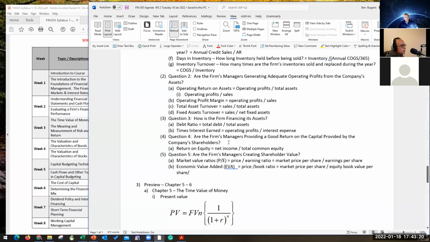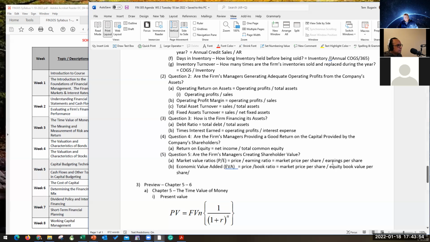Question number 4, are the firm's managers providing a good return on capital provided by the company's shareholders? And the formula for that is return on equity, net income divided by total common equity. The last question, question number 5, are the firm's managers creating shareholder value? And the elements there are market value ratios. In other words, price earnings ratio, market price per share divided by earnings per share.